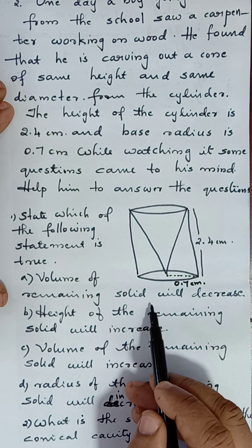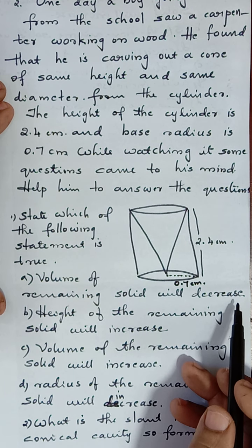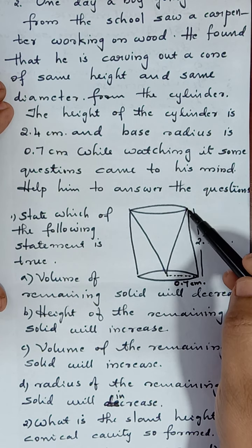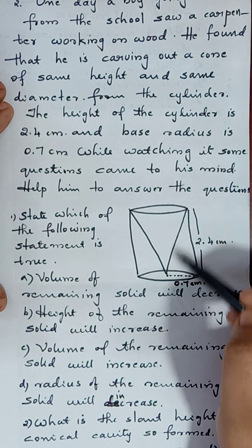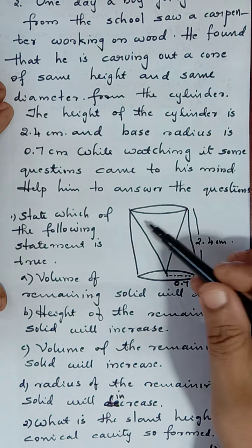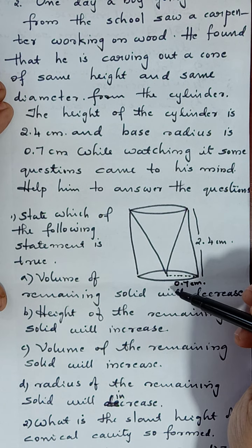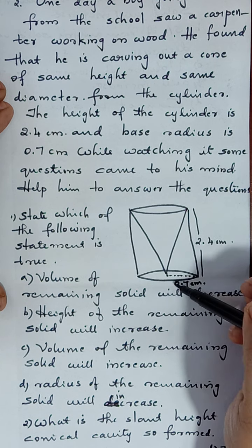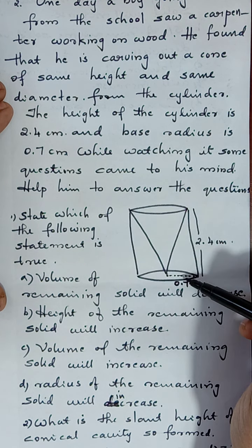Volume of remaining solid will decrease. That is, we are taking it out, carving it out. Cone shape is taken out. So you can imagine what will be the remaining portion. And remaining portion will be a cylindrical one having a conical depression here.